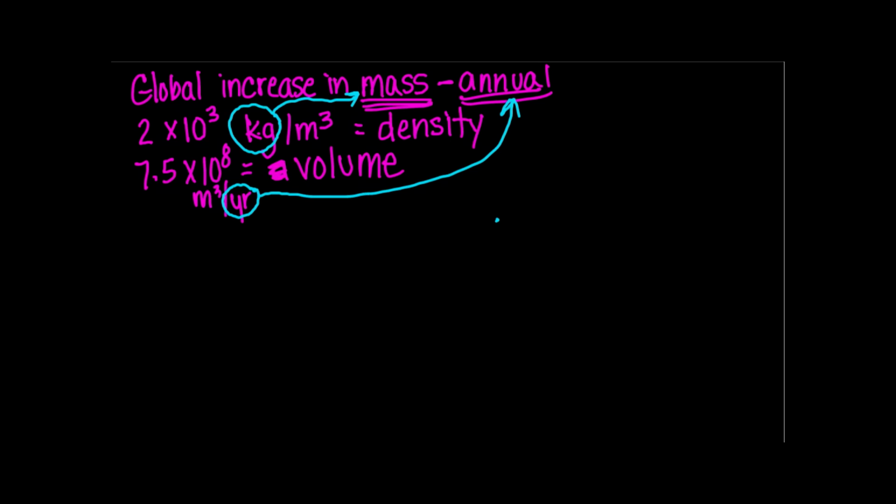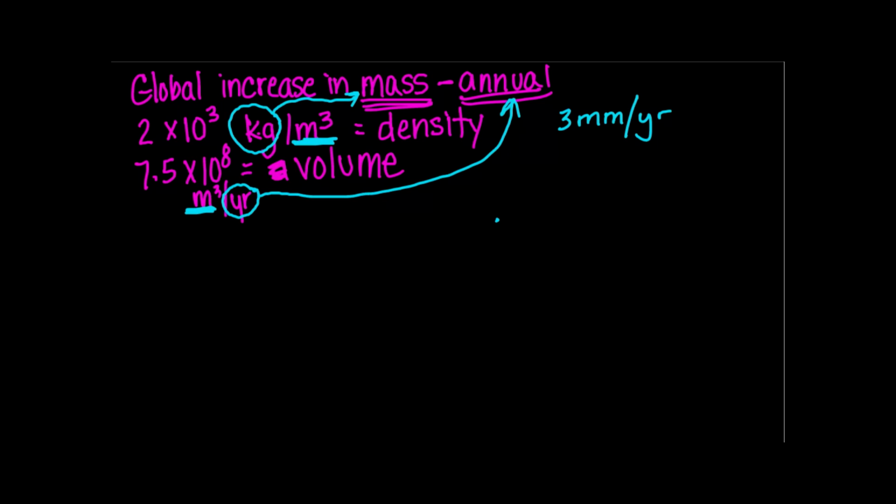And the way I know that I don't want the other measurement they gave us, remember they gave us 3 millimeters per year too, so that could have been used, except this density right here is in meters cubed, so we're going to need to get rid of that somehow. And this one also has meters cubed as a unit. So those two will cross out when we use them, where this one does not. This one we would have like kilograms, meters per year, which doesn't really make any sense.